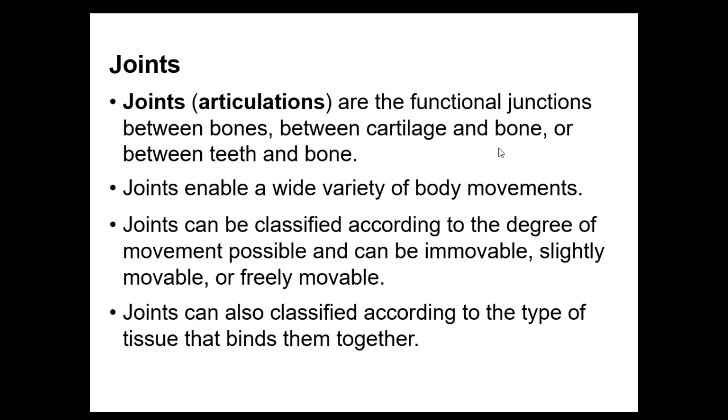Joints can also be classified by the type of tissue that binds them together. Some joints are held together by thin sheets of connective tissue, or some are held together by cartilage. Some are held together by ligaments.